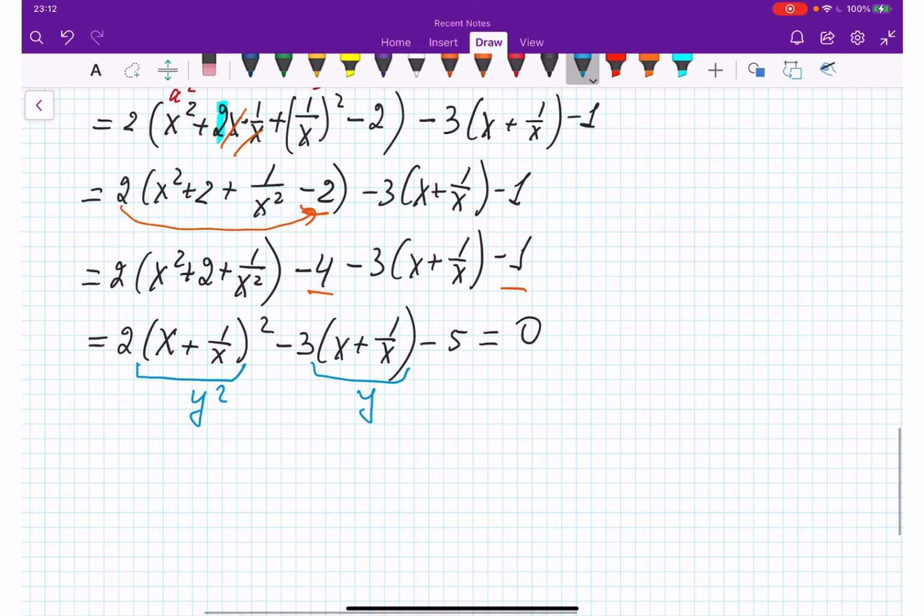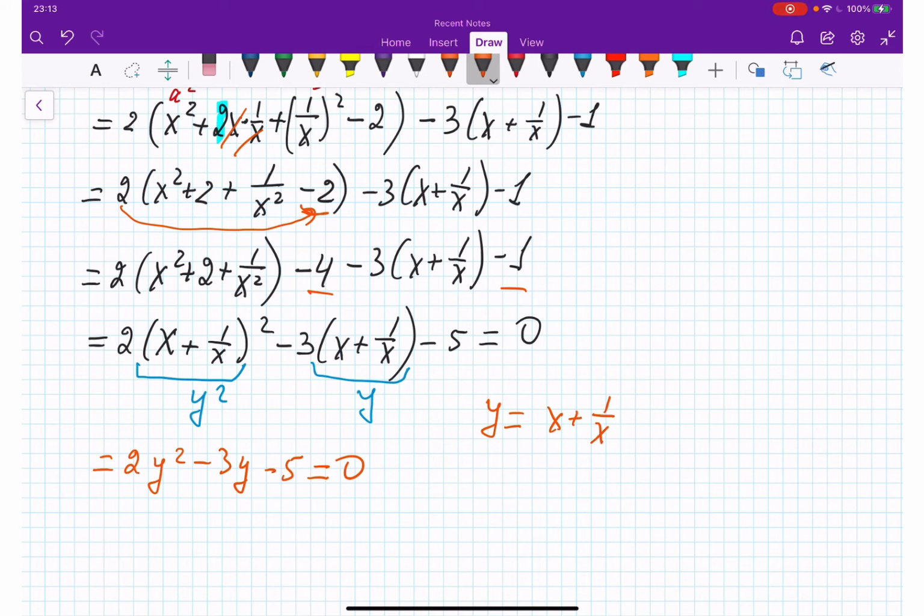So we get a quadratic equation. This is going to be 2y squared minus 3y minus 5 equals 0, where y is equal to x plus 1 over x, correct?